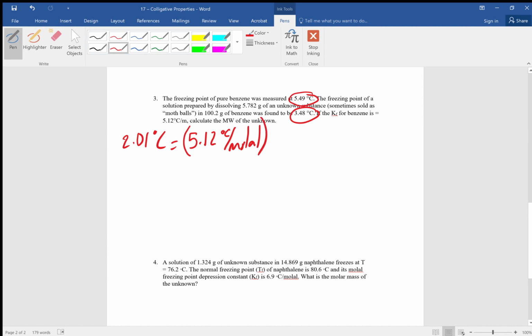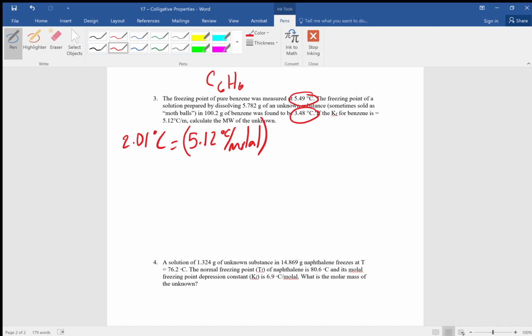Now, what do we do for the Van Hoff factor? Because we don't know what the unknown is. Well, recall from our previous video, that we said that if we're dealing with an organic solvent, especially a hydrocarbon, and benzene being C6H6 certainly is a hydrocarbon, then what we find is that we're not going to have ionic compounds in those solvents.